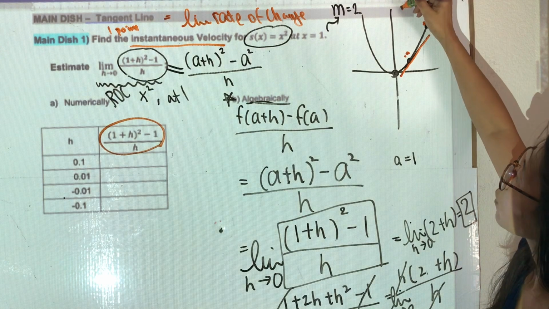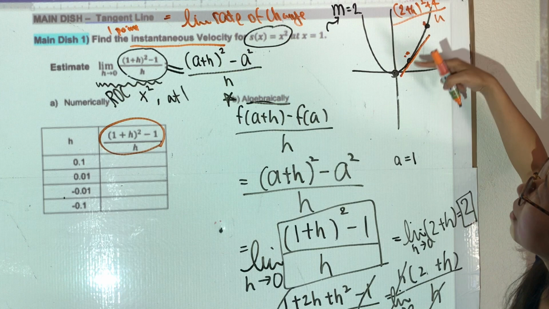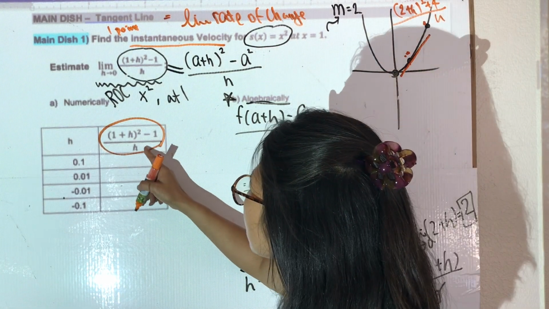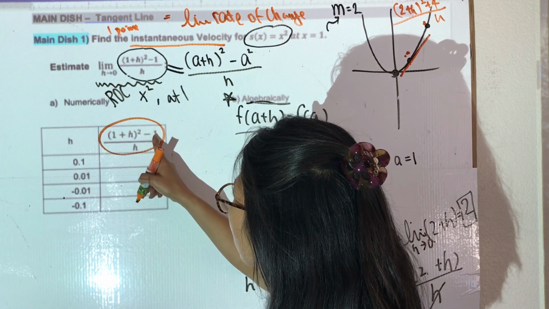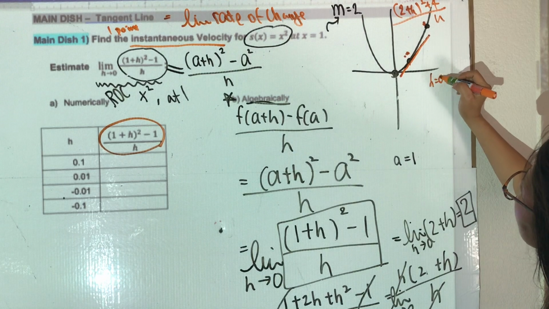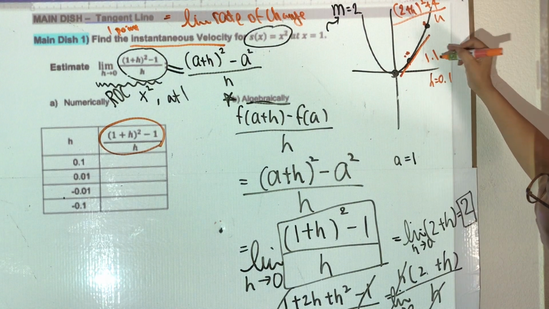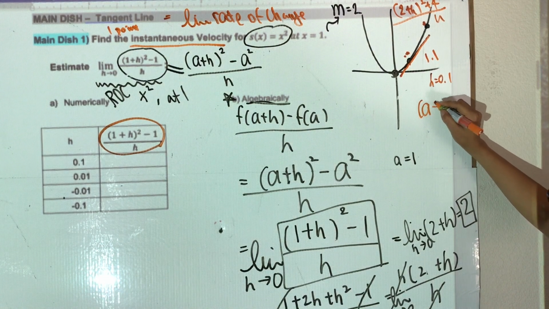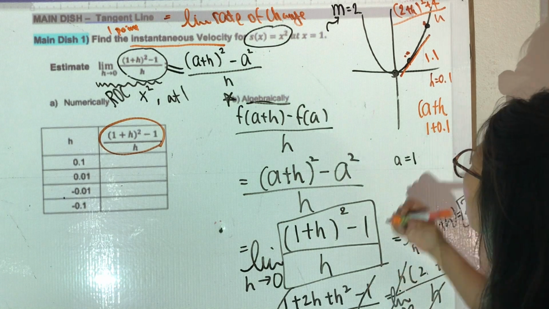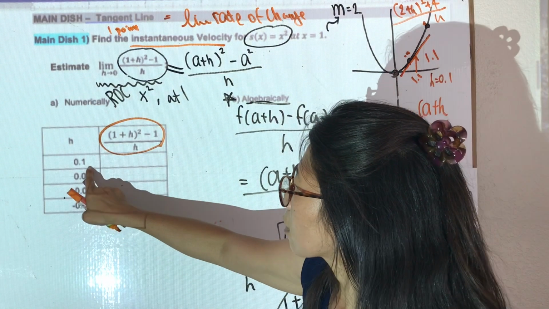If it's 2, it's going to be (2 plus h) squared minus 4 over h, right? So at 1, what would be the slope around that point? If they say h is 0.1, they are basically talking about 1.1. Why is that? Because a plus h is 1 plus 0.1. So what is the slope at 1.1? That's what they're talking about.